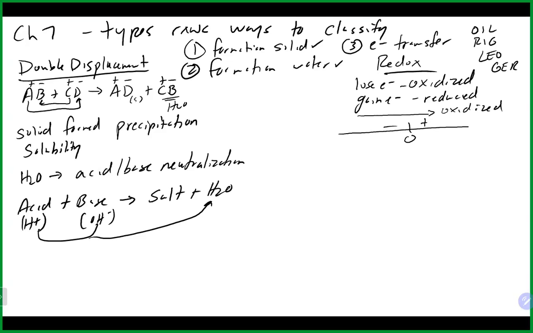And if you look at the charge and it's becoming more negative, that is when something becomes reduced. So under the redox umbrella pretty much falls all the other types of reactions.